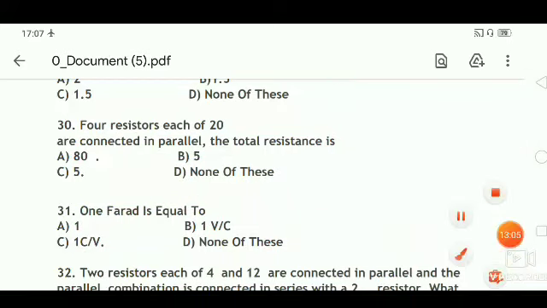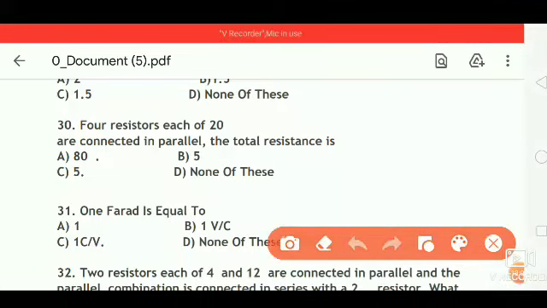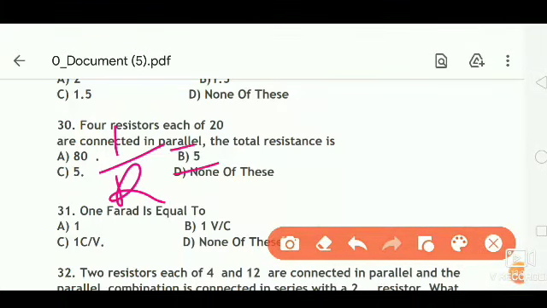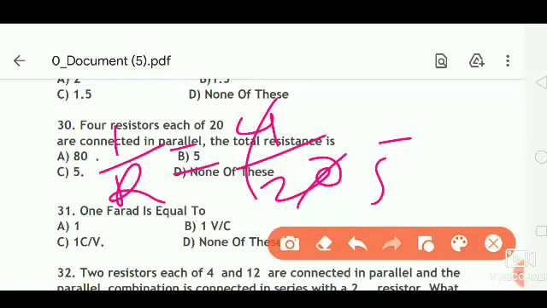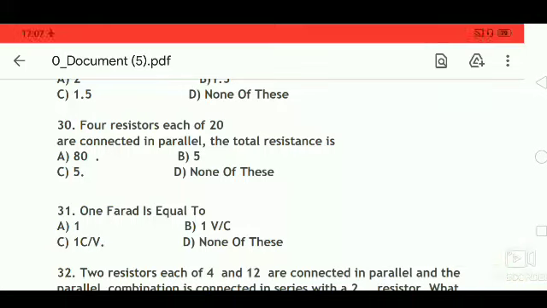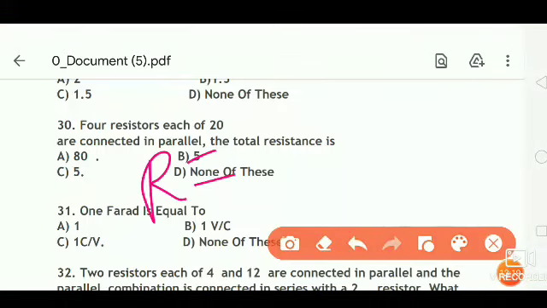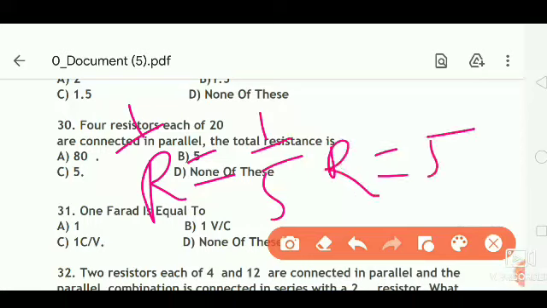From the above we get 1 by R equal to 4 by 20, which is 1 by 5. So R equals 5. The answer is 5 ohm, so B is the right answer.